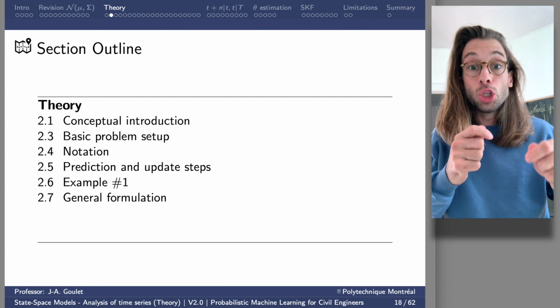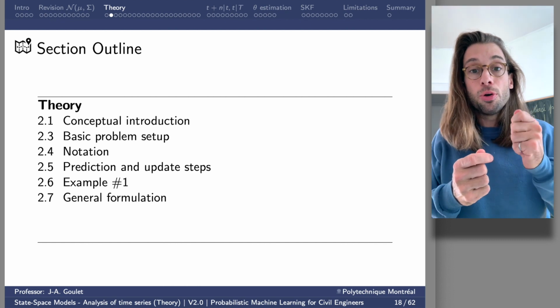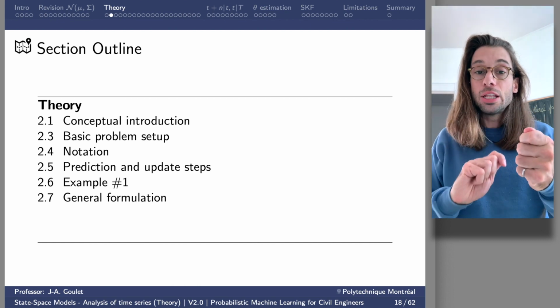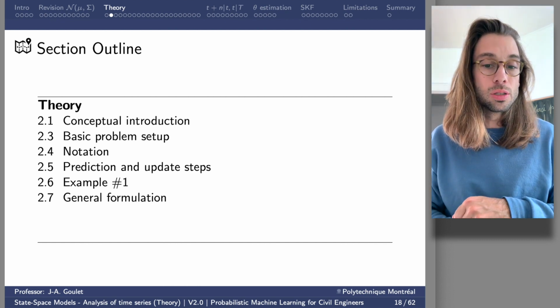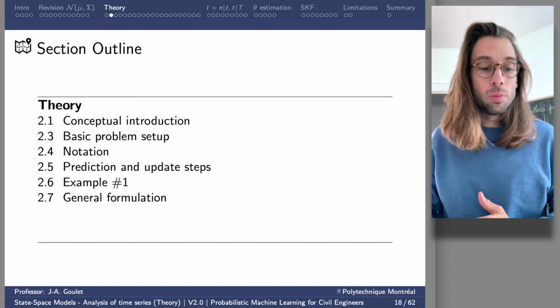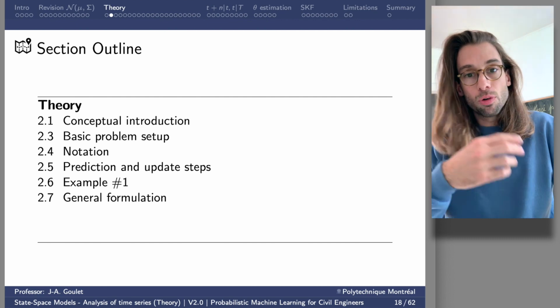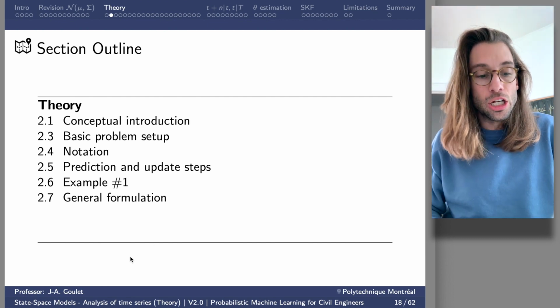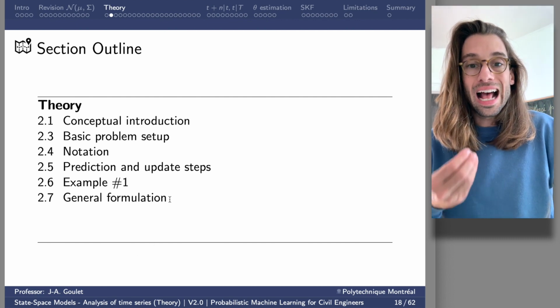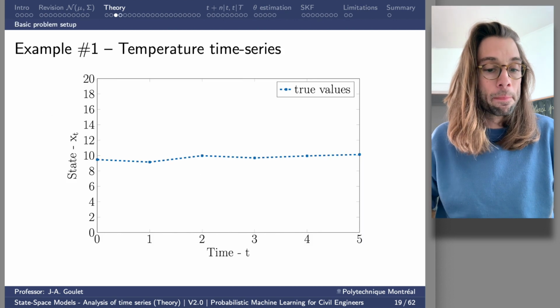And then we're going to look at the two key steps we just saw. How do we predict ahead and how do we update using our actual observations? And then we're going to put that into application in a temperature monitoring example. And then we're going to see how all of this generalizes into the Kalman filtering equations.